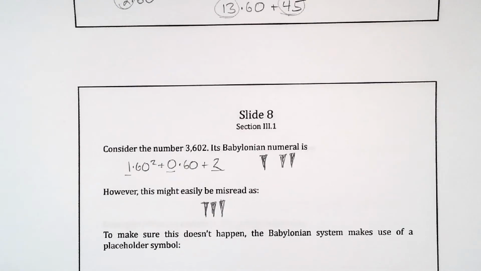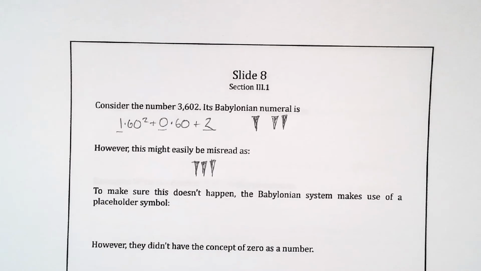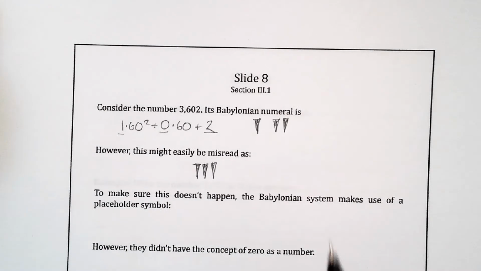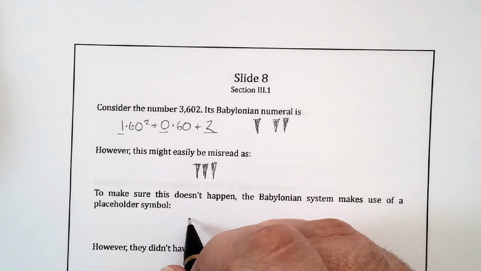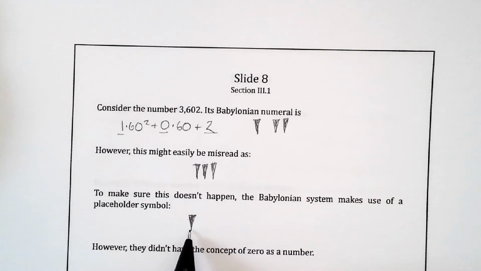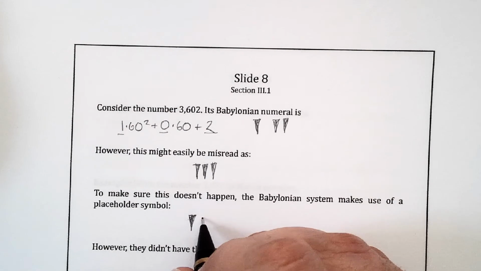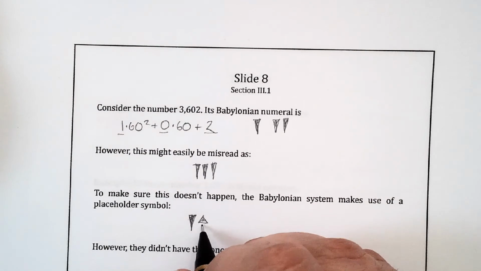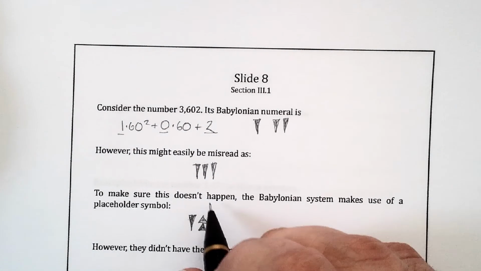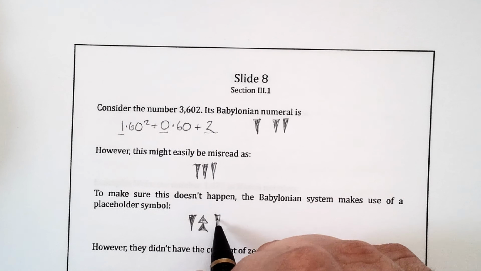So to make sure that that didn't happen, that the places didn't run together, the Babylonians introduced a placeholder symbol. So to represent 3,602, they'd have the 1 60 squared, and then they had this little symbol, which means no 60s, and then the 2 1s.